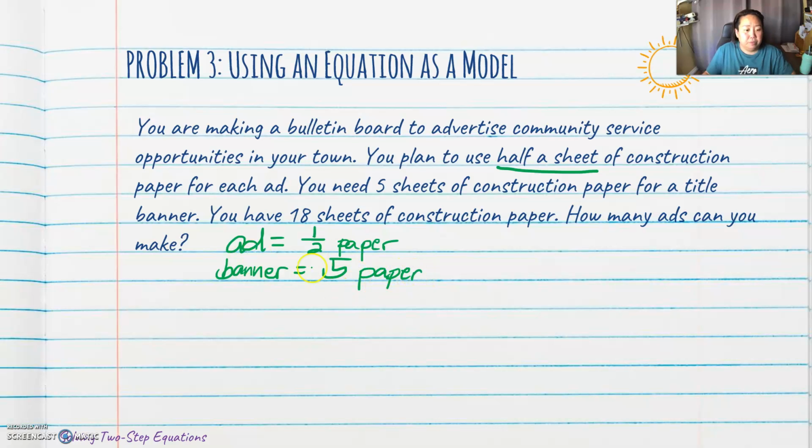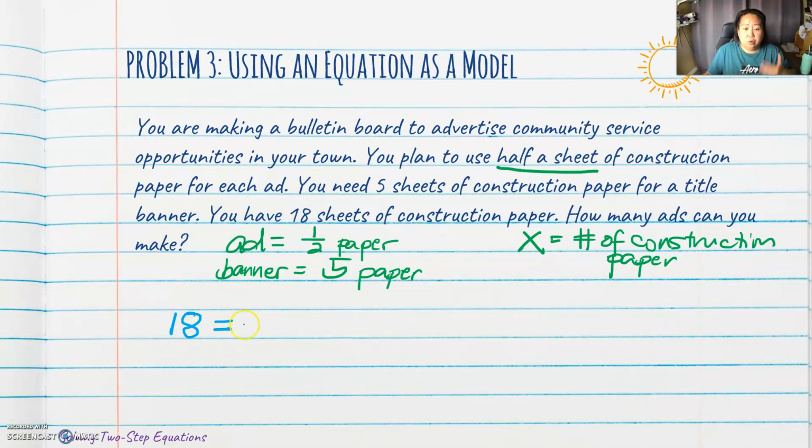sheets of paper. So we can represent the number of construction paper as our variable x. All right. So according to this, all in all, you have a total of 18 sheets of paper. So 18 is going to be the total in there.